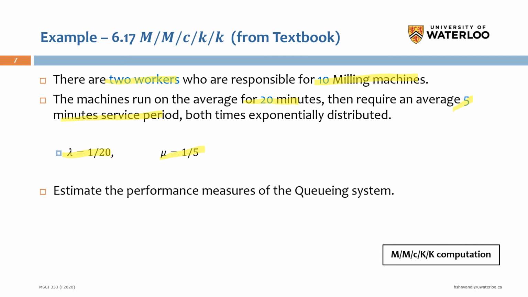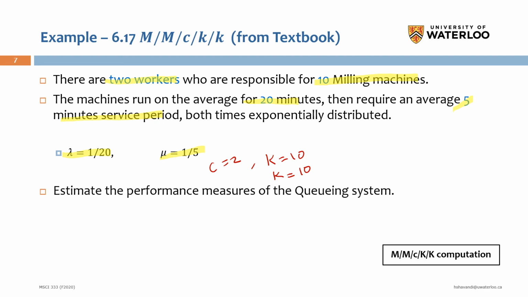So here we have lambda equals 1 over 20, mu equals 1 over 5, and then C equals 2, and then K, the system's capacity, as 10, and also the calling population as 10 as well.